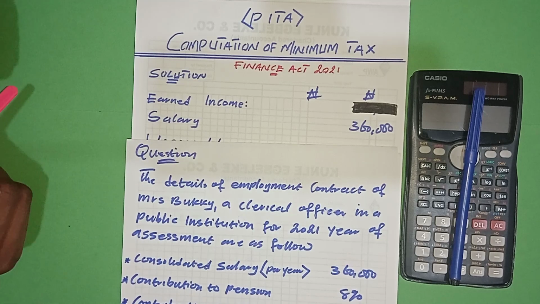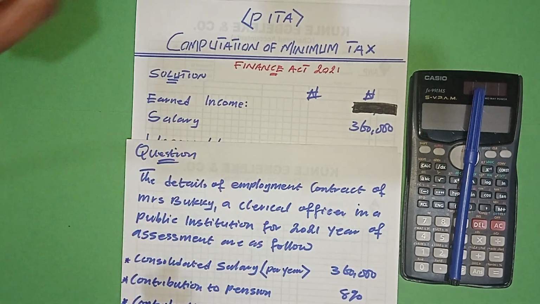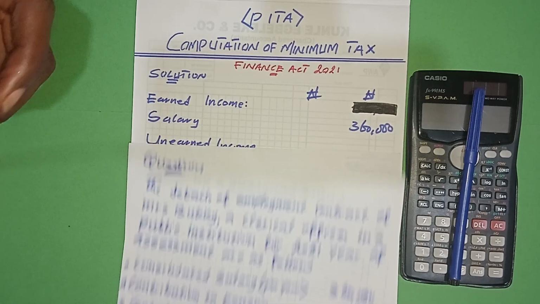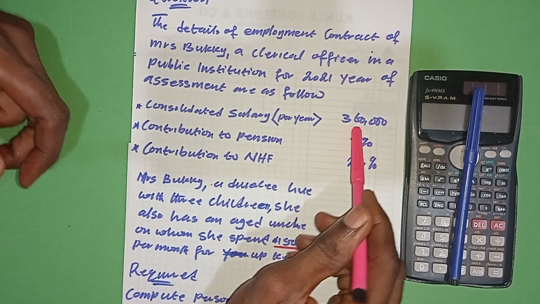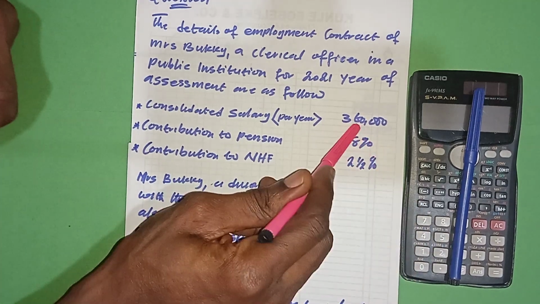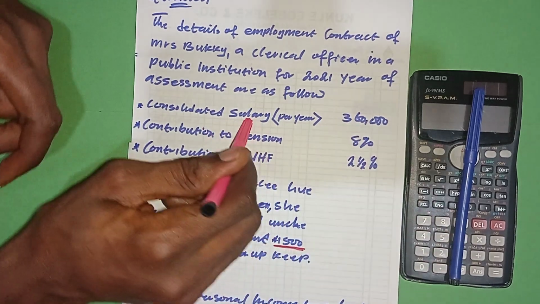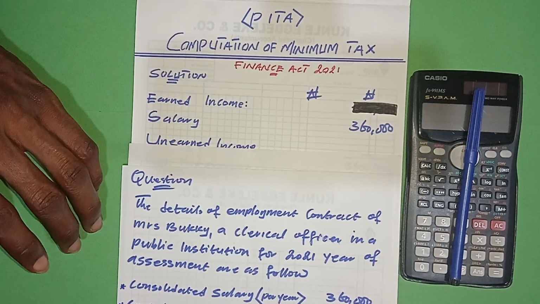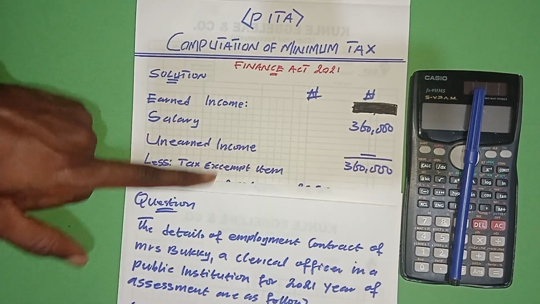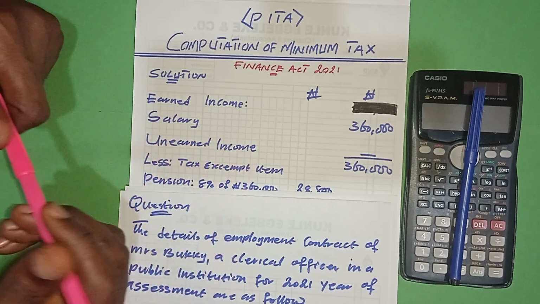Now, the solution. First of all, you pick out the earned income. What is her earned income? From the question, her earned income is 360,000, from the salary. Now, this is her earned income. Salary 360. Unearned income.